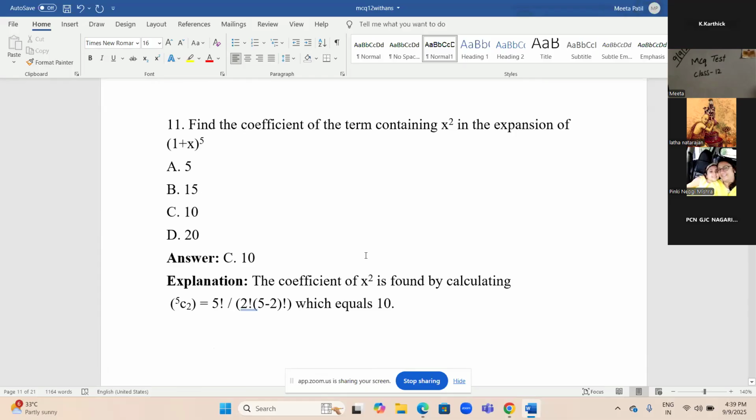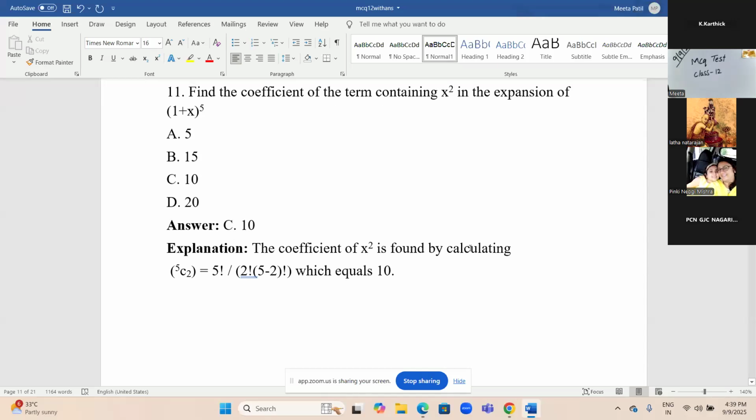You have a next question: find the coefficient of the term containing x square in the expansion of (1 + x)^5. So you have to find the coefficient of the term containing x square. So how are we going to calculate that one? You are using the combinations.